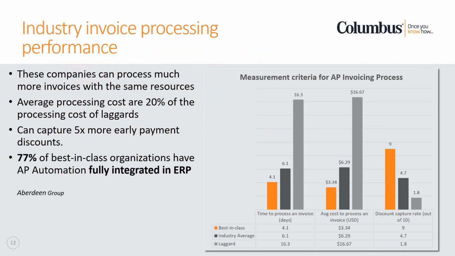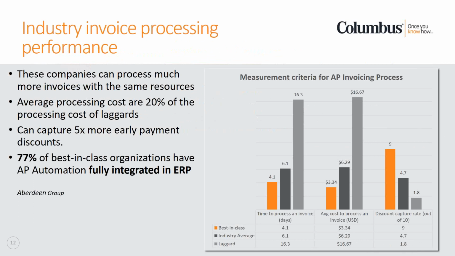And then the discount capture rate, which is out of 10. The best in class are capturing 9 out of the 10 available discounts, whereas the worst are only able to get 1.8, so not even 2 out of the 10 discounts. So there are significant differences between AP departments. I think it's really startling when you see the graphs laid out this way.